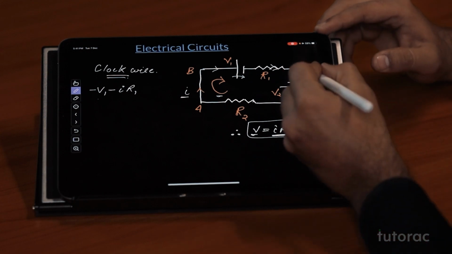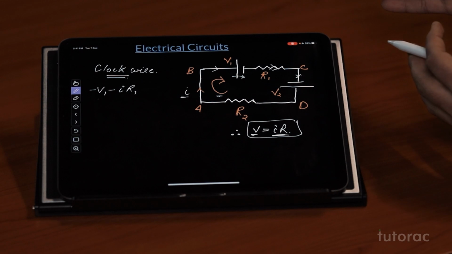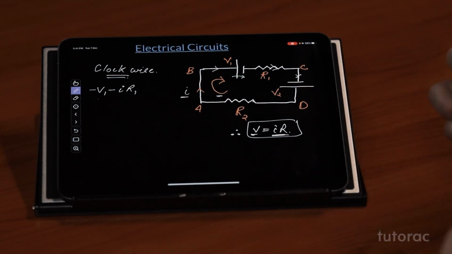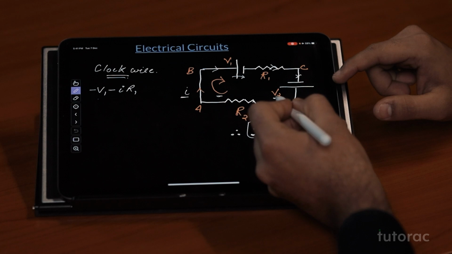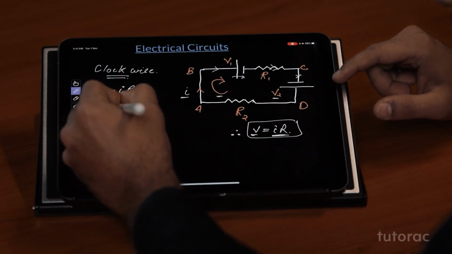Now, when I come here, what will happen? Again, one more cell will come. If you notice, I am going from the negative terminal to the positive terminal. This means this cell will do work on me and give me some energy. While gaining the energy, I'll gain the energy of V2, so I'll write plus V2.